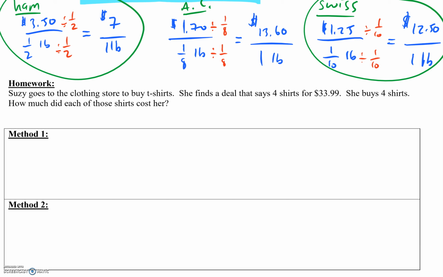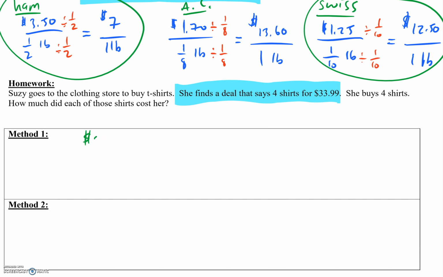Well, method 1, we could simply find the unit rate or use a proportion. Whenever you're doing a proportion, always start out with some ratio that you know. Well, we know that she found a deal for 4 shirts for $33.99. So let's write that.